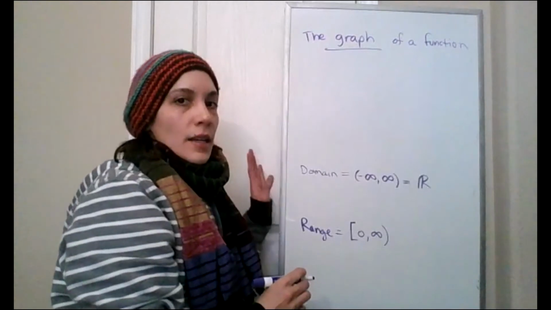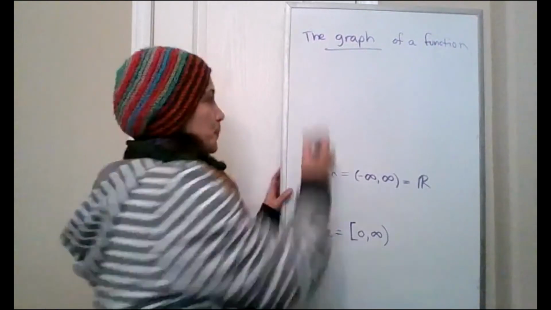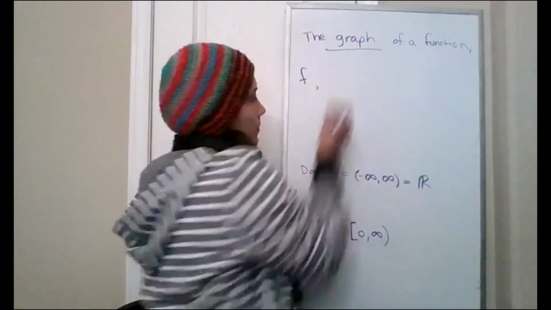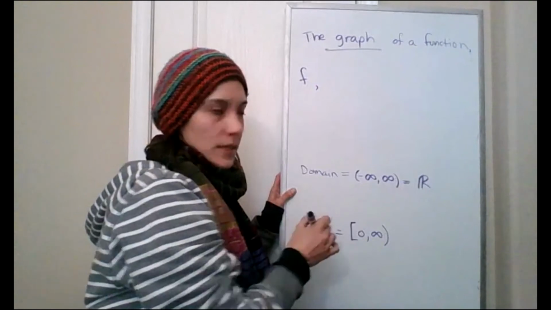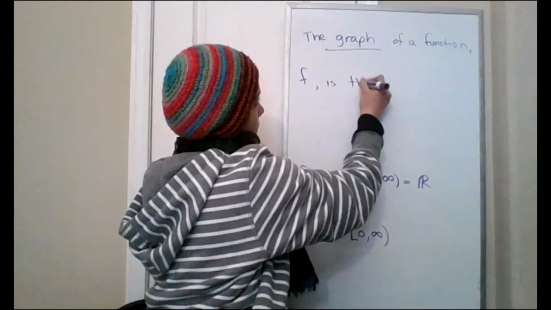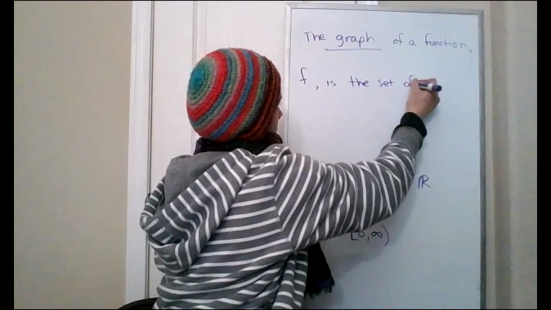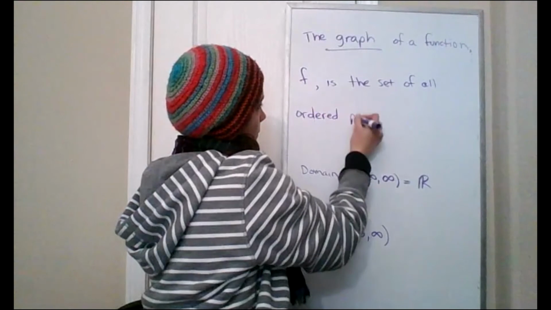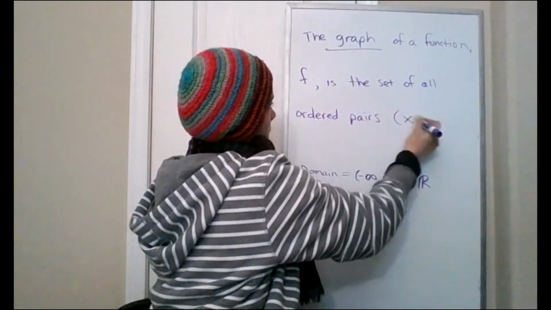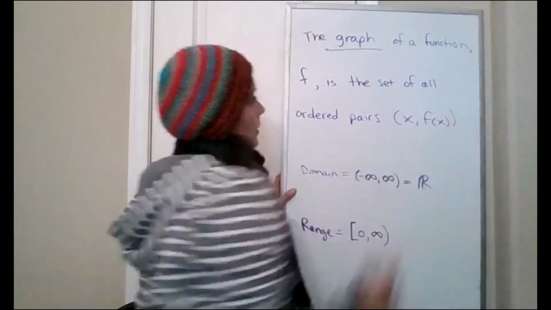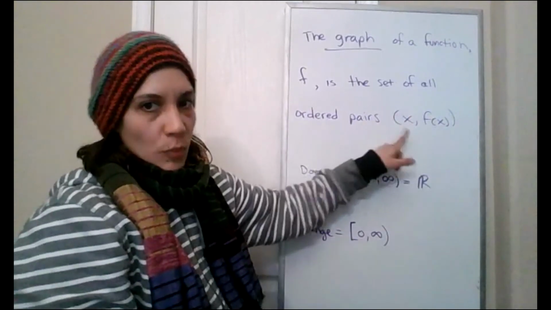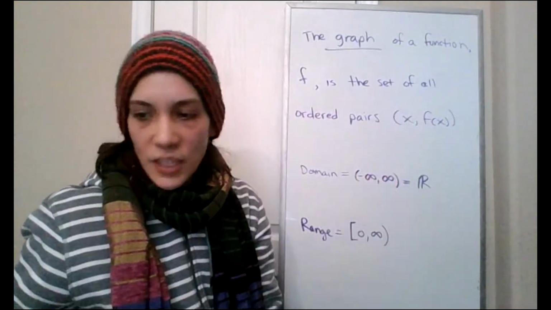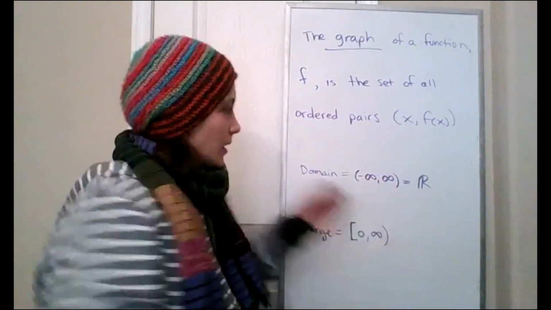The graph of a function f is the set of all ordered pairs x, f of x. So all ordered pairs are all points x, f of x, such that x is in the domain of f.